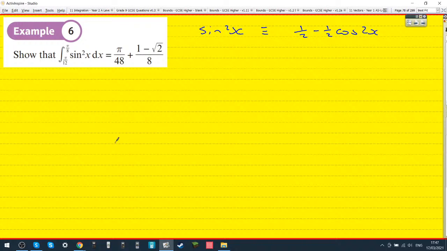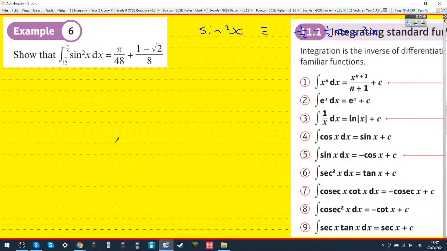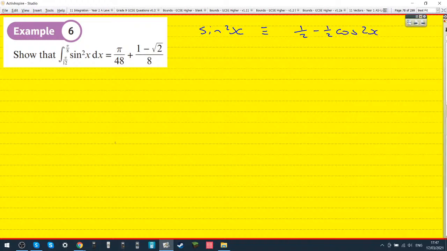Right, how do we do this? So a half minus a half cos 2x.